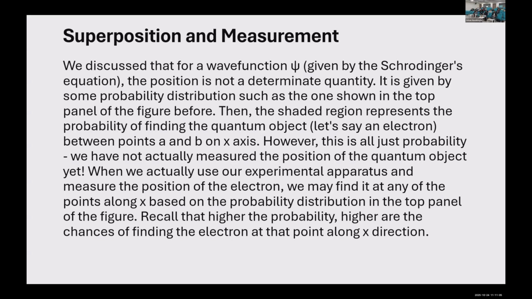However, this is all just probability. We have not actually measured the position of the quantum object. When we actually use our experimental apparatus and measure the position of the electron, we may find it at any of the points along X based on the probability distribution in the panel. Recall that the higher the probability, the higher are the chances of finding the electron at that point along the X direction.